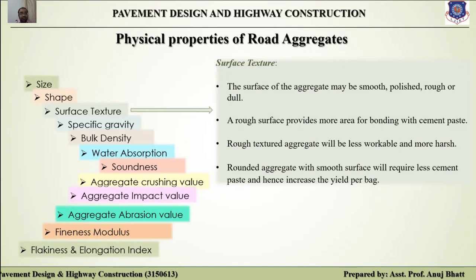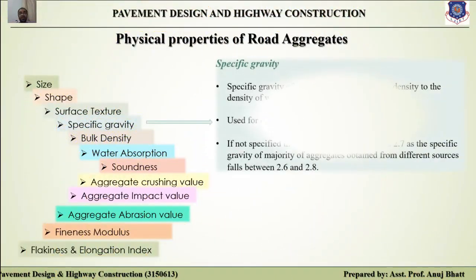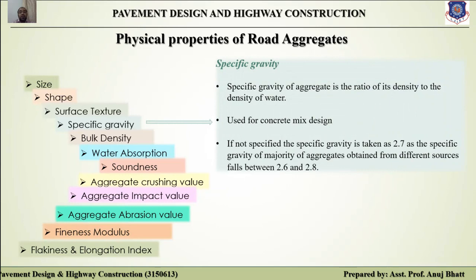The next property is specific gravity. The specific gravity of an aggregate is the ratio of its density to the density of water. This is used for concrete mix design for rigid pavement, and if the specific gravity is not specified, we should take it as 2.7.